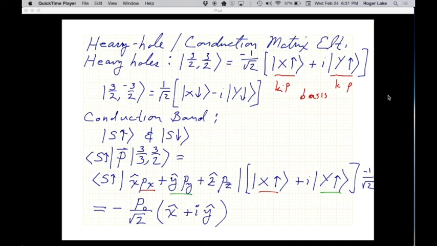So this is up, this is up. So both of these states are pure spin states. So I'm only going to get a matrix element with this guy with S up, because momentum doesn't couple spins. I'm only going to get non-zero matrix elements with terms of the same spin. So I get S up with the 3/2, 3/2 state, and S down with the 3/2, negative 3/2 state. And then we'll do light hole and split off next time.